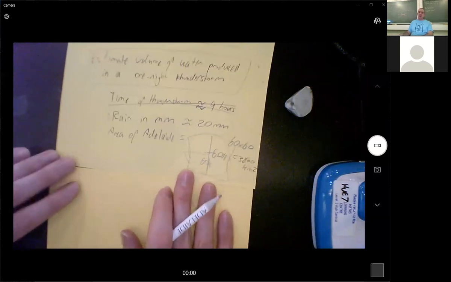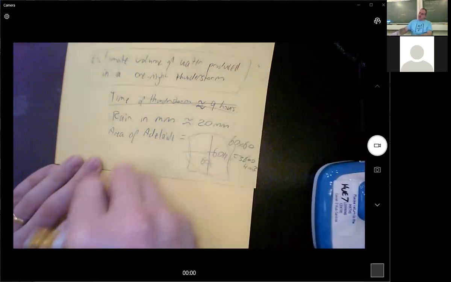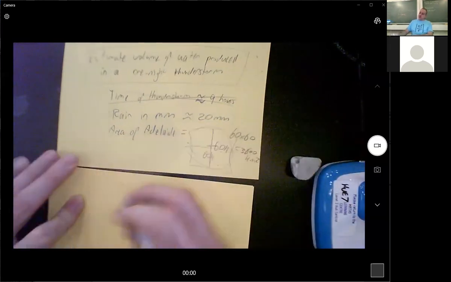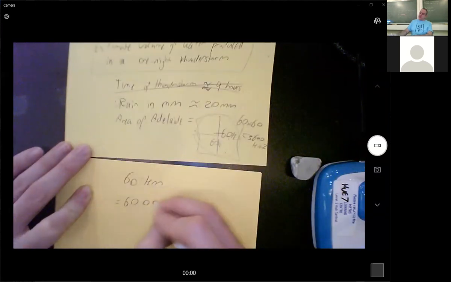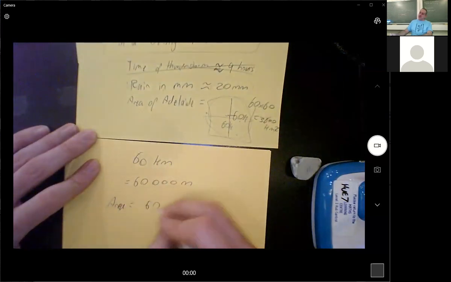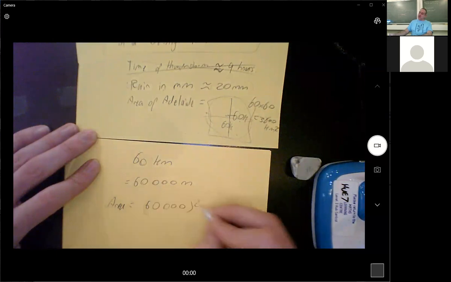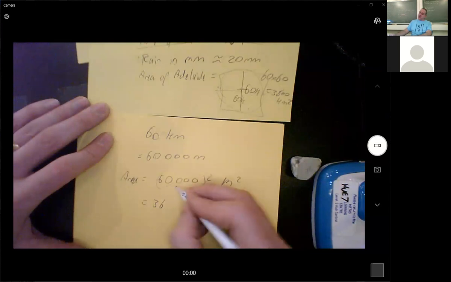So I'd need that in meters, wouldn't I? Let me just do it all at once. So 60 kilometres is 60,000 meters. And so the area is 6 by 10 to the power of 4 squared, 1, 2, 3, 4.